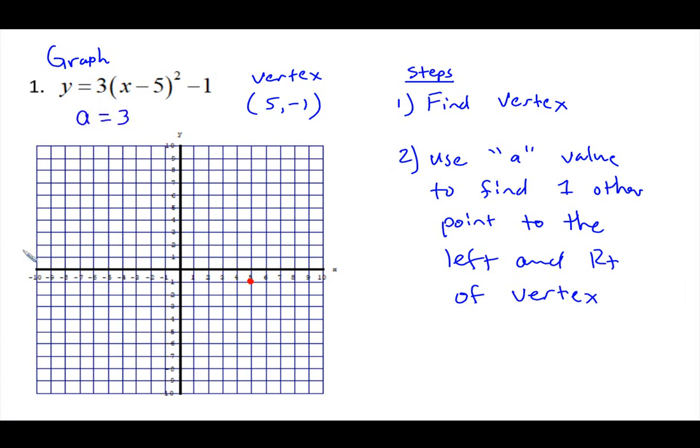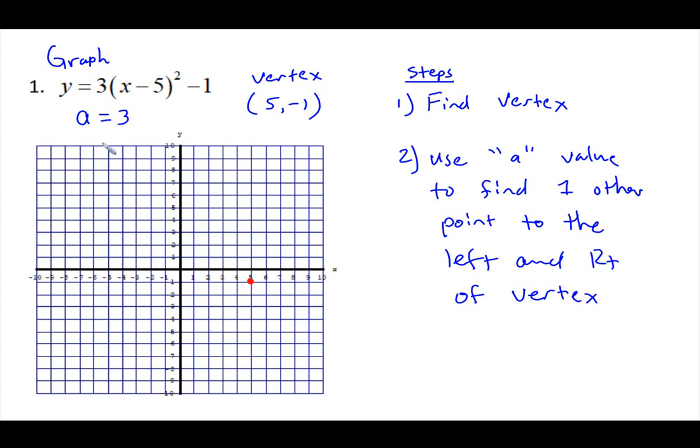Now if a is positive, that means we move up. If a is negative, we move down. So here's how you find another point to plot for your graph. From where the vertex is, you're always going to move to the side one time. I don't care if you move left or right. So let's say I'm going to move to the right one time.